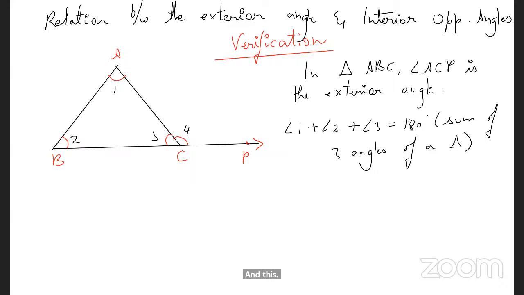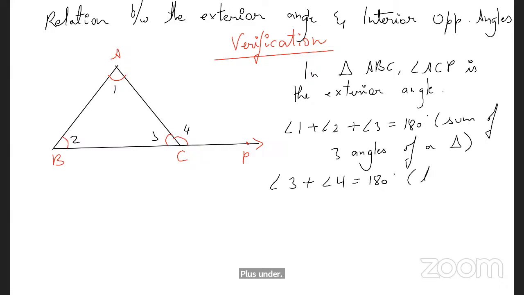And we can also write that angle 3 plus angle 4 will be 180 degrees. Look here, angle 3 means this one, and angle 4 means this one. It will be 180 because they are a linear pair.